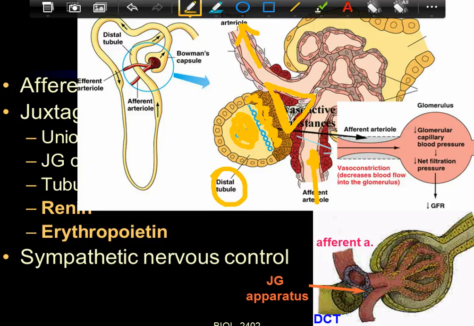And again, also pressure is being monitored right here in these blood vessels, which again is going to determine how much blood the kidneys get and oxygen the kidneys get, which affects then the production of renin, which you know controls blood pressure.